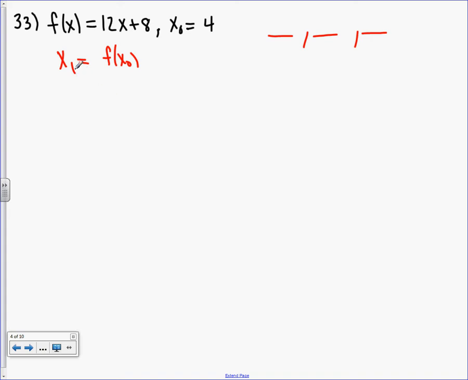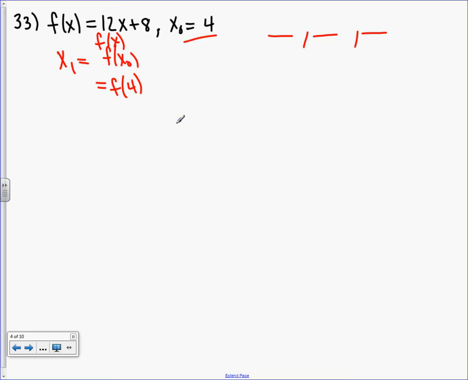So the formula said x sub 1 is the same as f of x sub 0. If you go back a couple chapters, f of x, what did I replace x with? From here to here. Instead of an x, I put x sub 0. What is x sub 0? 4. They said it's 4.